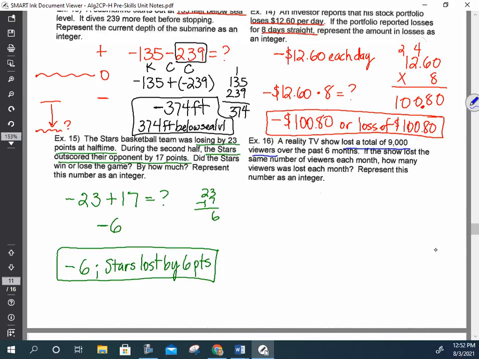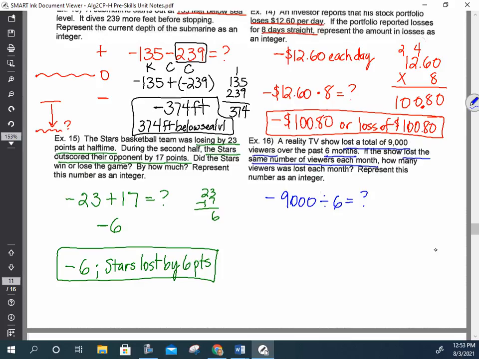But a loss of 9,000 viewers, that's negative 9,000 over the past 6 months. So the key to this problem is the fact that the show lost the same number of viewers each month. So if you're trying to figure out how many were lost in 1 month, this becomes a division problem. Negative 9,000 divided by 6.